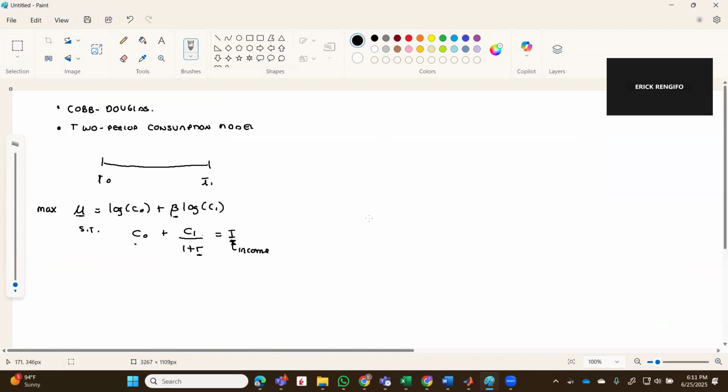This objective function, the utility function, you want to maximize this one here, and my condition is this one here. One more minute, guys, and then we move because we need to do a lot of things now.